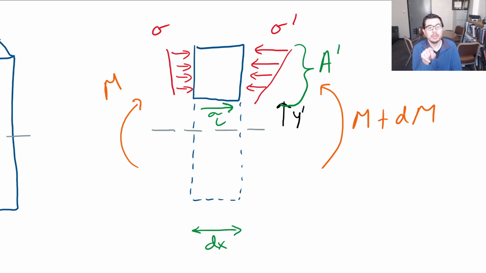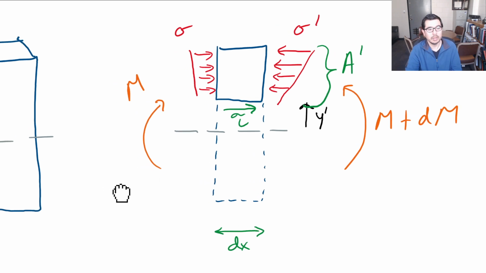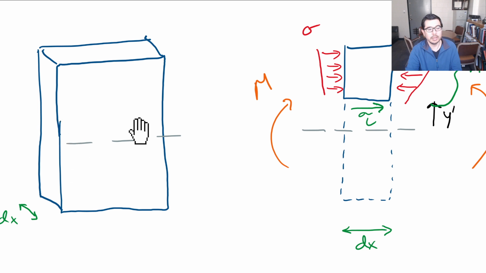Okay, so there are kind of two widths. The width that we typically think of with a beam is going to be this width.